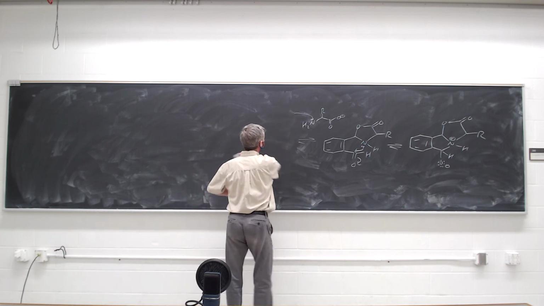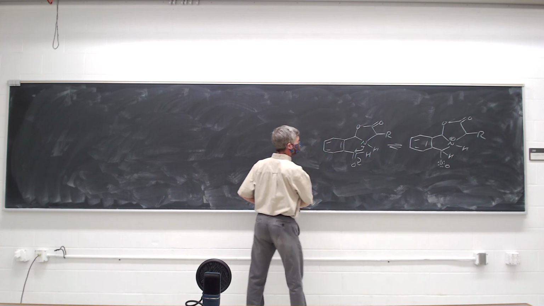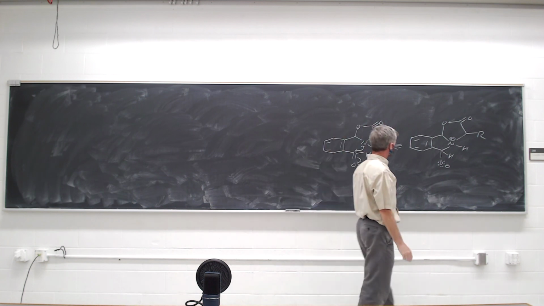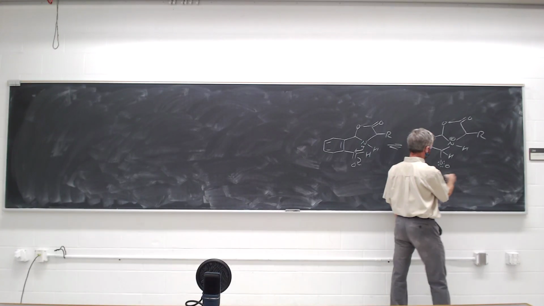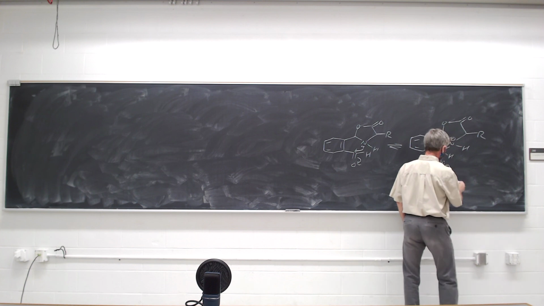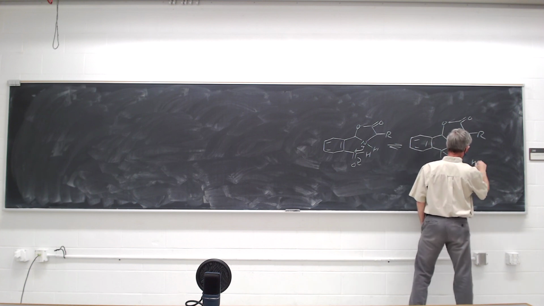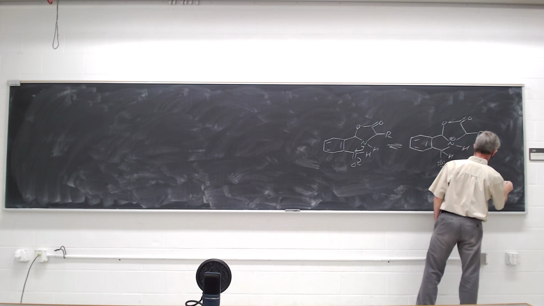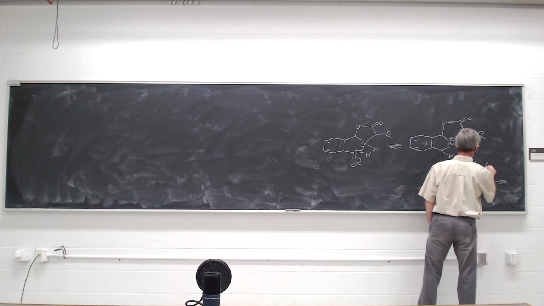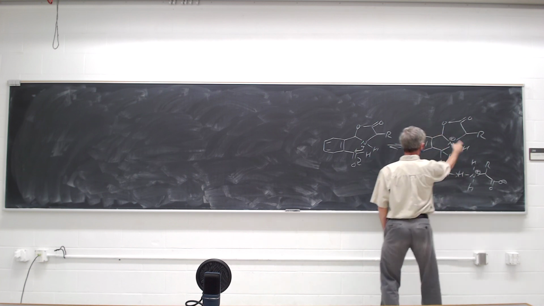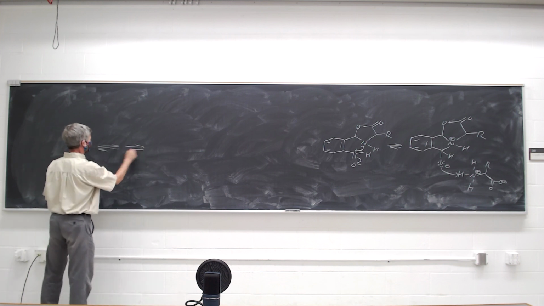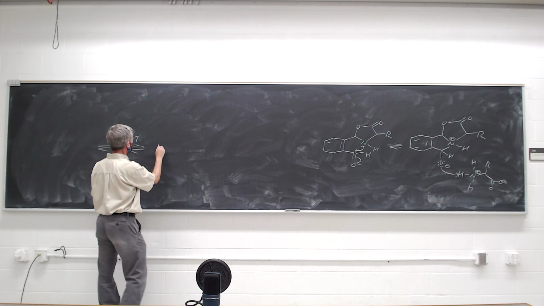What next? Probably want to protonate that, and then we're going to want to deprotonate that. So our free amino group is going to donate a proton to that oxygen and then yank it back off the nitrogen, to generate a neutral species again.